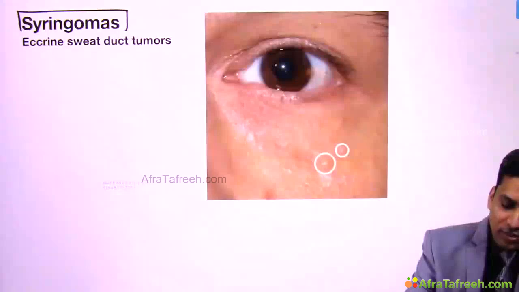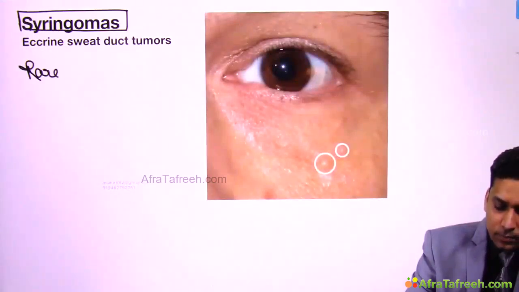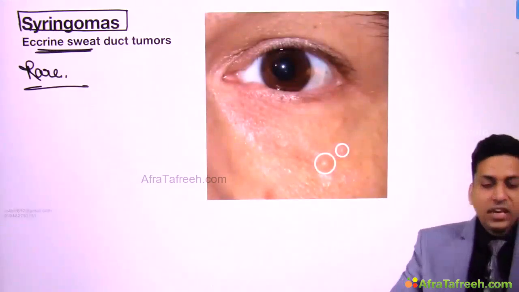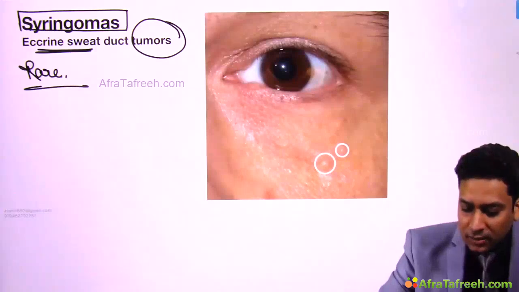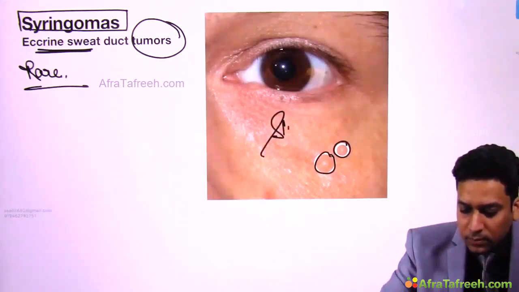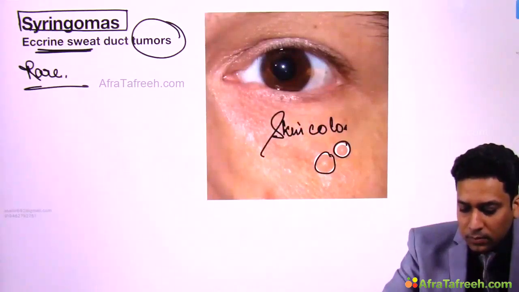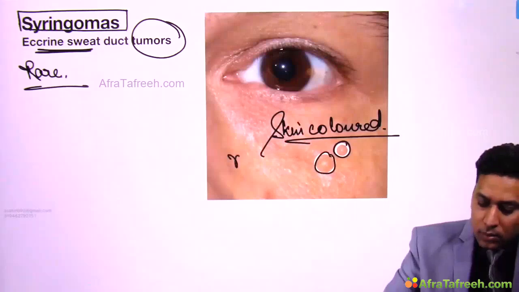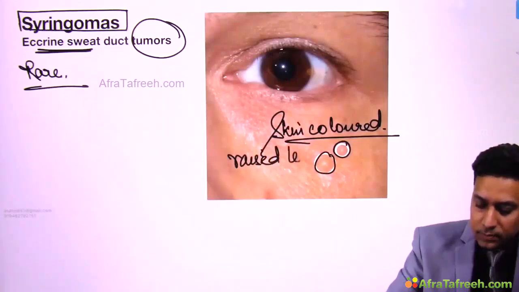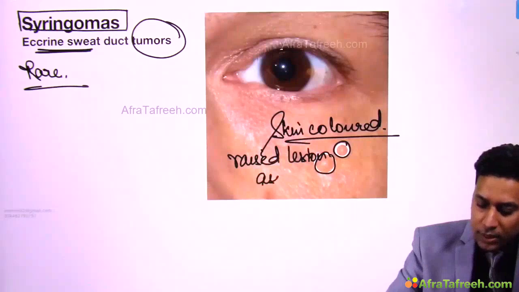Now remember, this is a very rare disorder. This is also a disorder of eccrine sweat gland, and here the patient develops these skin colored raised lesions. They are generally asymptomatic.